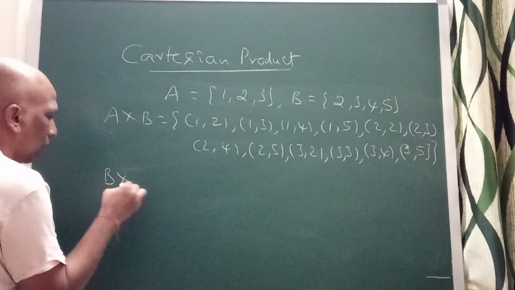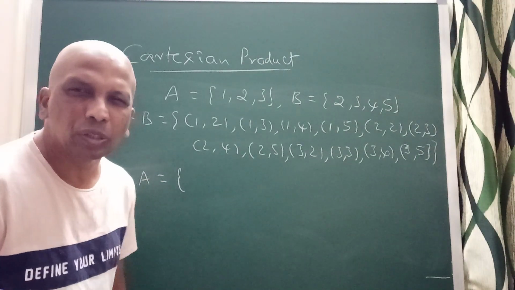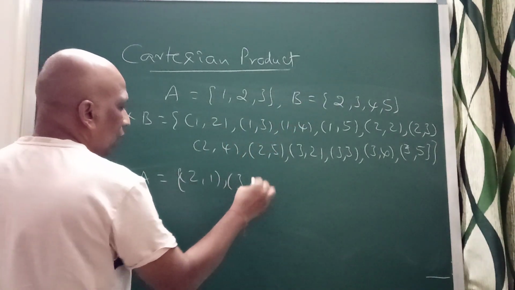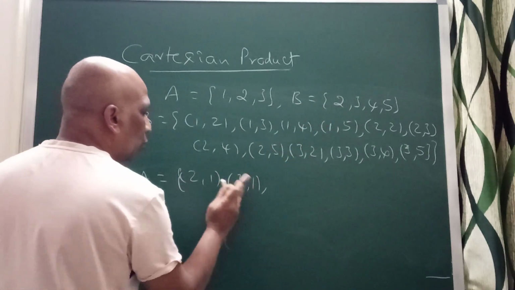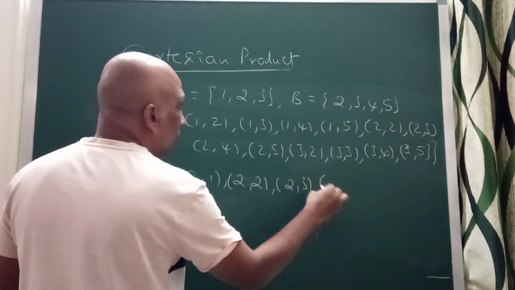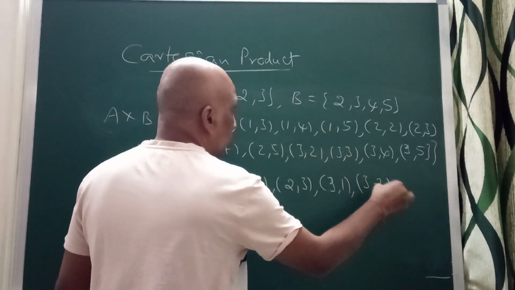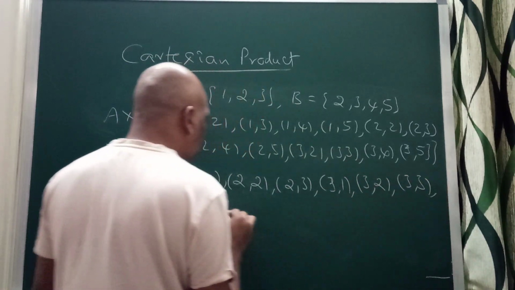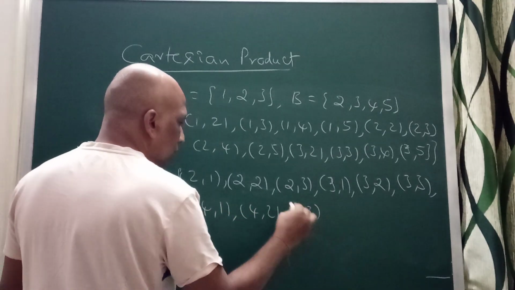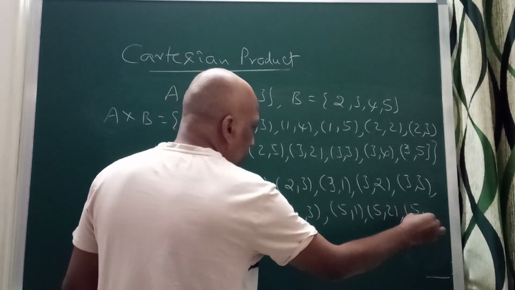Now you take B cross A. In B cross A, I can write 2 1, 2 2, 2 3, 3 1, 3 2, 3 3, 4 1, 4 2, 4 3, 5 1, 5 2, 5 3.